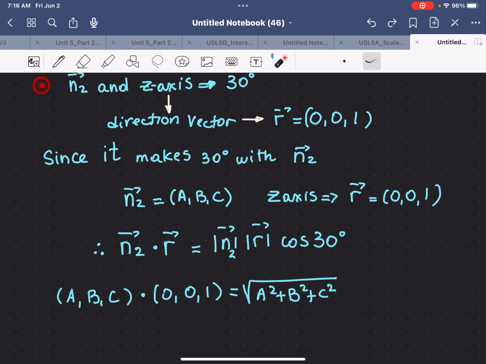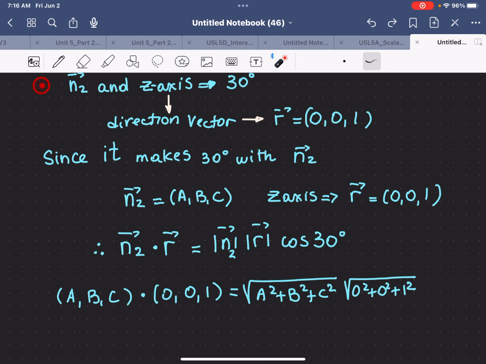Now remember, the magnitude of n2 will be the square root of a squared plus b squared plus c squared, and that is just the formula for the magnitude of any vector. And multiplied by the magnitude of r, we know the coordinates of r, so 0 squared plus 0 squared plus 1 squared.